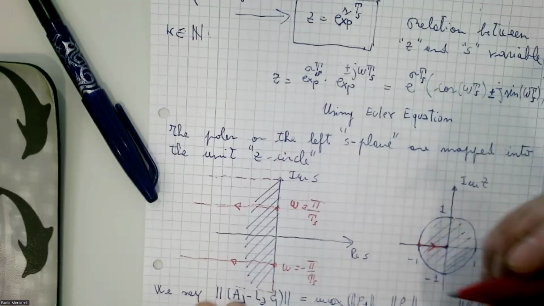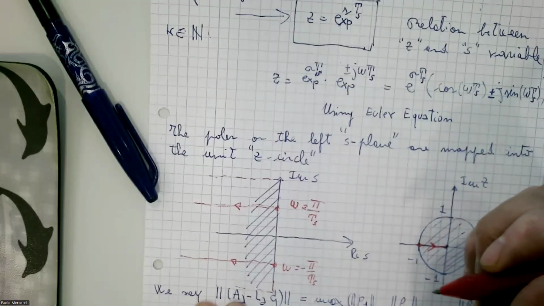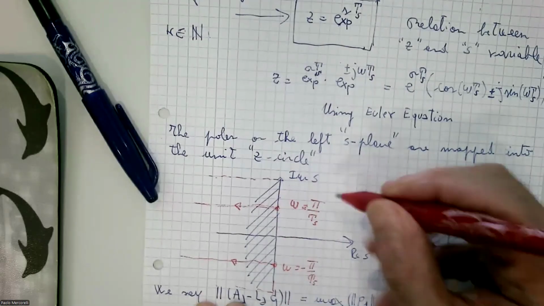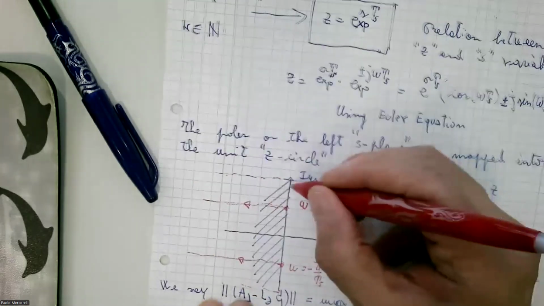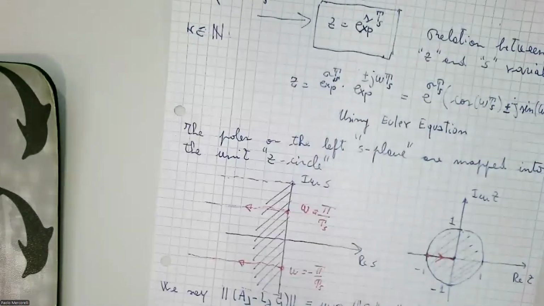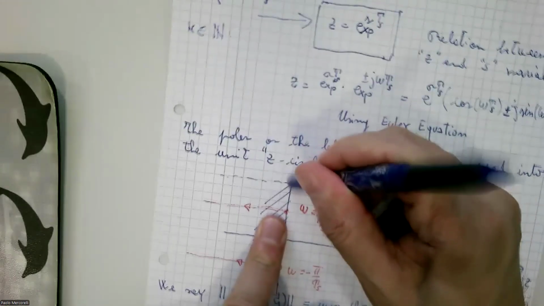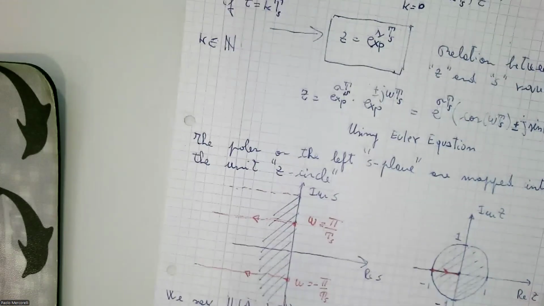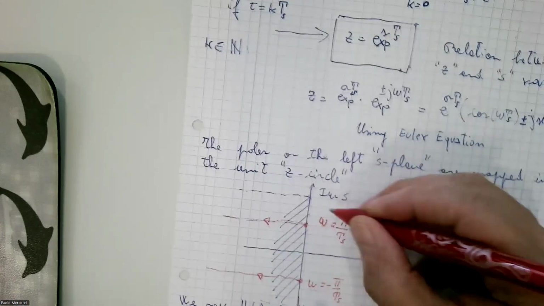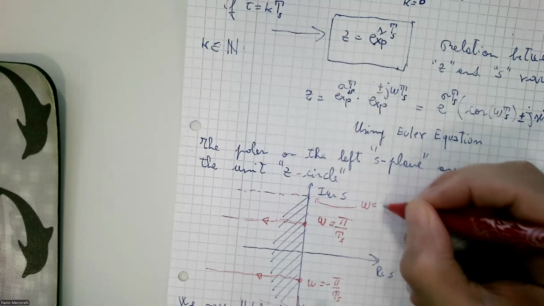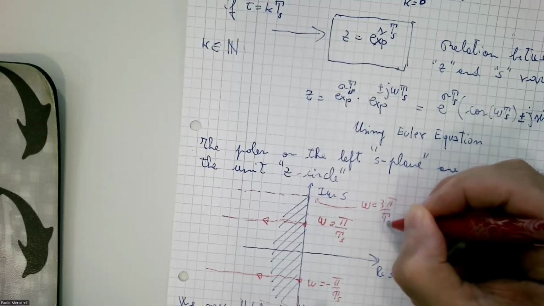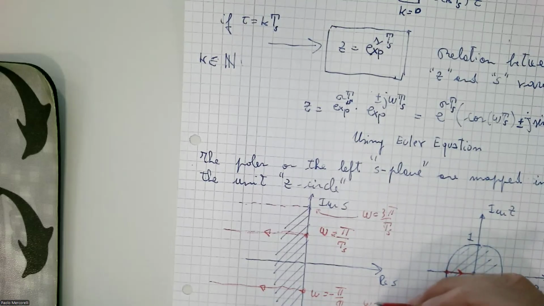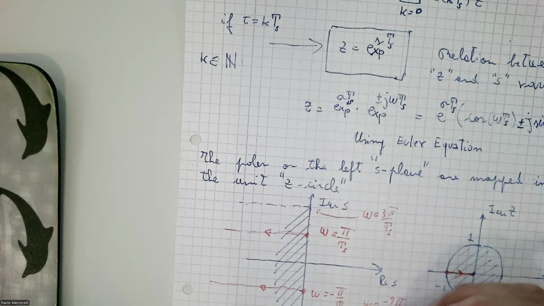No? 3 pi, scusi, 3 pi. Also here, no? Omega minus 3 pi divided by Ts.